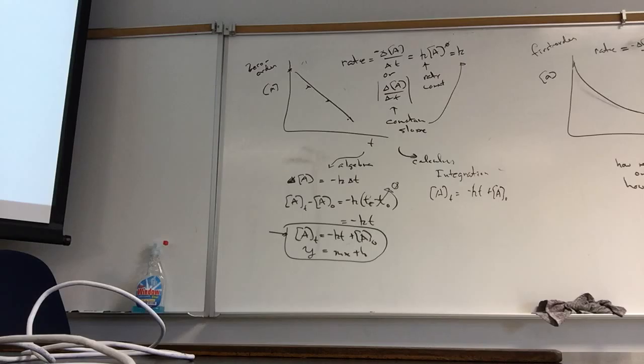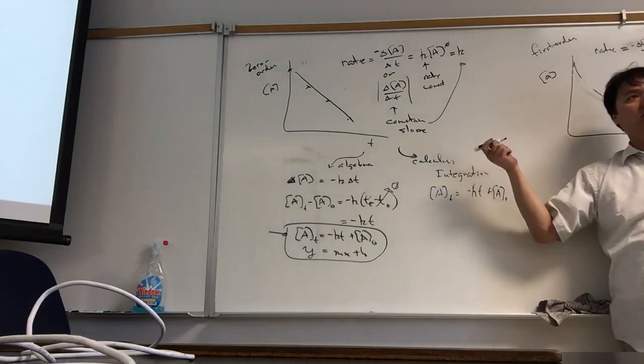Can I solve this for time or a concentration? Is this an equation you can solve for T or A? No. Algebra doesn't work here because delta A, delta T, the slope is continually changing. It's not constant. Whereas over here in zero order, it's constant, so we can do it.